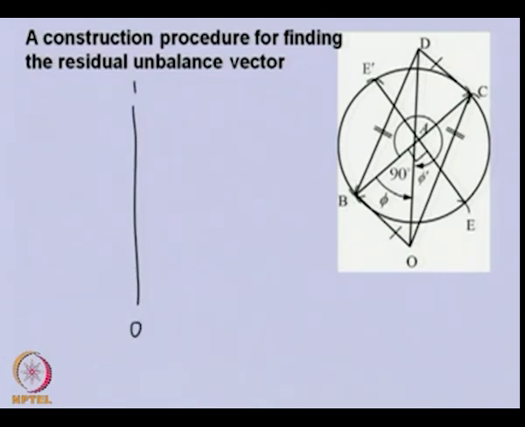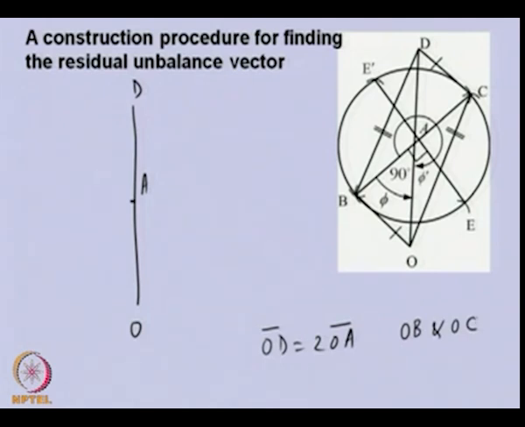So first I am drawing a line OD, which is twice of OA, because OA is the first measurement, and any direction we can take. I have taken this as vertical, but any inclination can be taken. Once we have drawn this, we have two measurements, OB and OC.